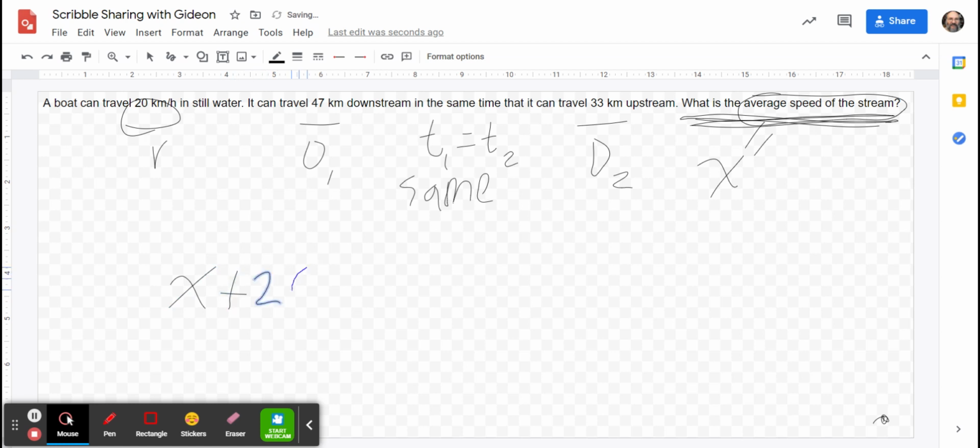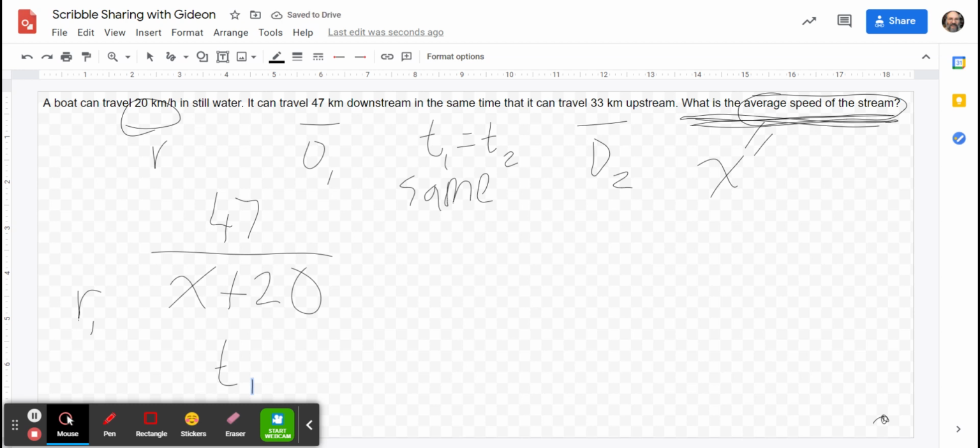So that's your rate downstream. The distance downstream is 47 kilometers, so your distance downstream divided by your rate downstream is the amount of time it took to go downstream.